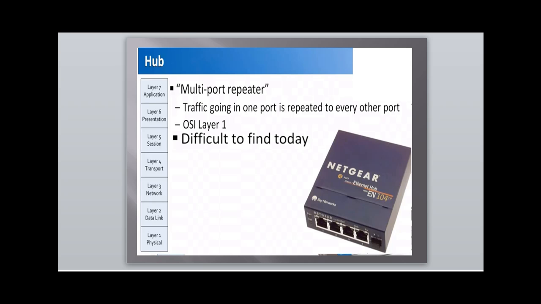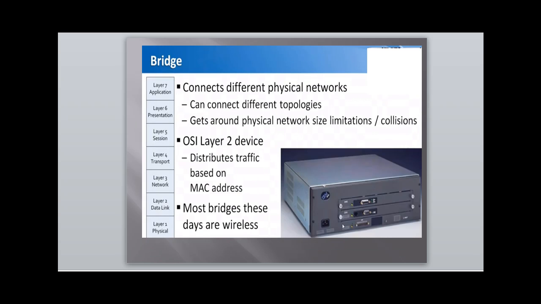Why a bridge? The bridge was a little advanced device, where MAC addresses were introduced. A MAC address is a hardware address, a unique address given to every hardware device.